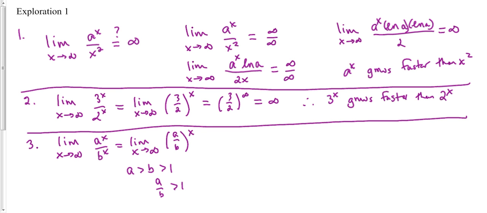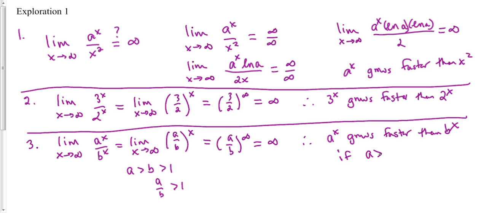And if a over b is greater than 1, then a over b to the infinity is going to be equal to infinity, which therefore tells me that a to the x grows faster than b to the x if a is bigger than b is bigger than 1.